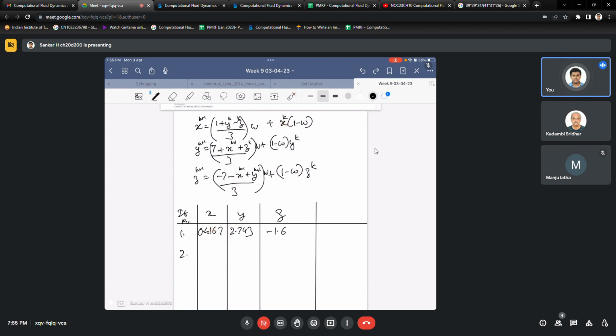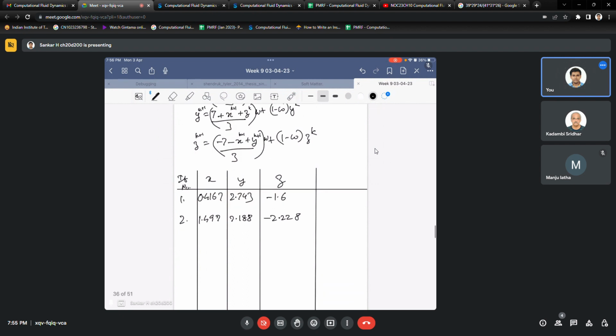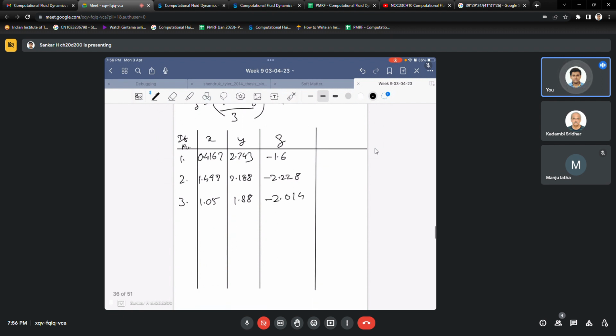I'll get 1.497, 2.188 and minus 2.228, and in the next iteration I'll get 1.05, 1.88 and minus 2.014.